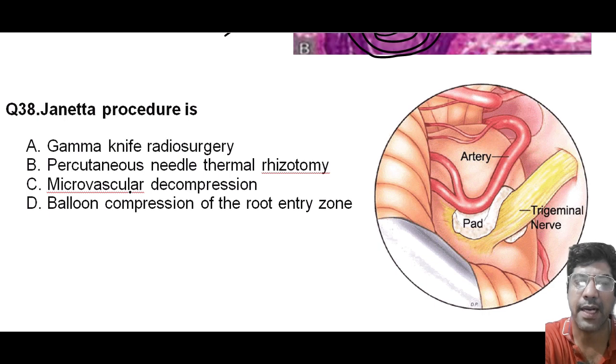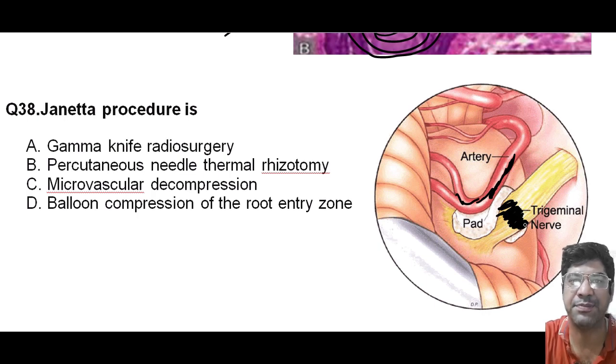The problem in trigeminal neuralgia lies in a blood vessel, the superior cerebellar artery, pressing on this nerve. So this artery will be pressing on this trigeminal nerve, and that pressure on the nerve will cause intense pain.